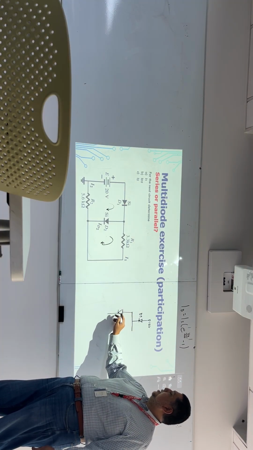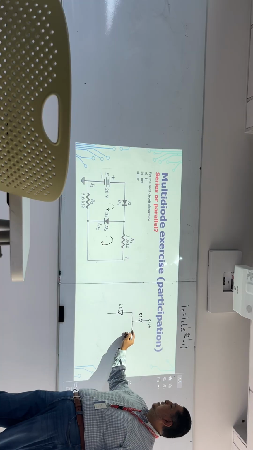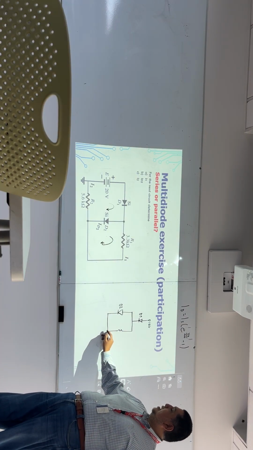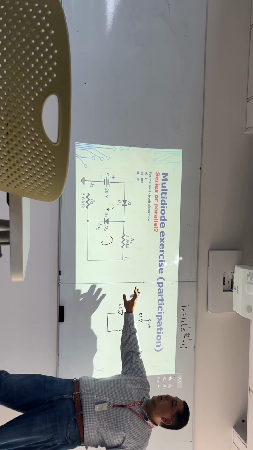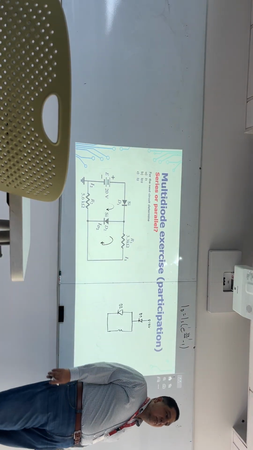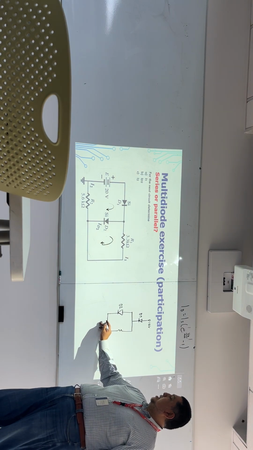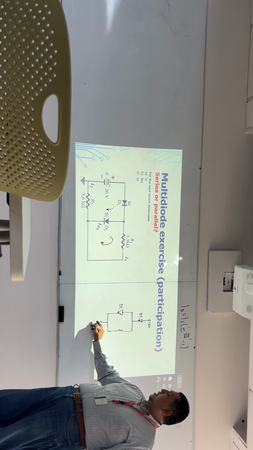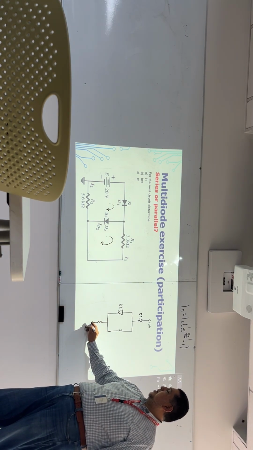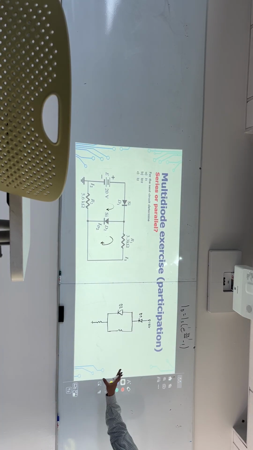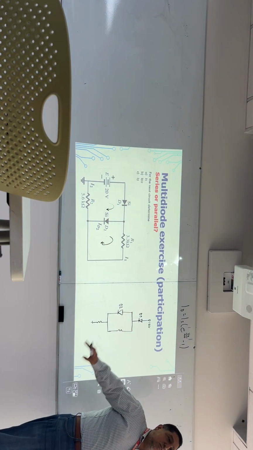This is going to be D2. And then by doing this, I will realize that actually R1 and D2 are placed in parallel. Okay? And now what? Then here I have another resistor, and then finally I have reached the ground. So this circuit is exactly equivalent to that circuit.